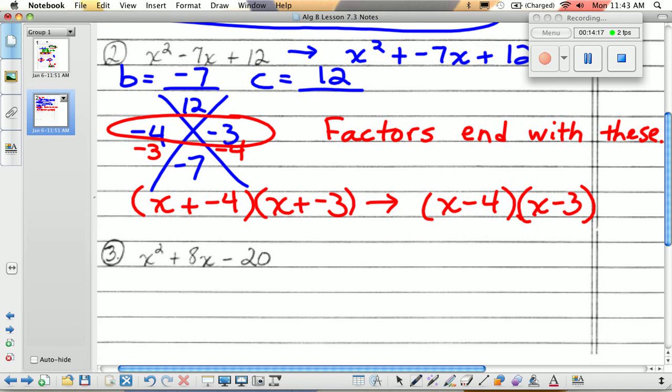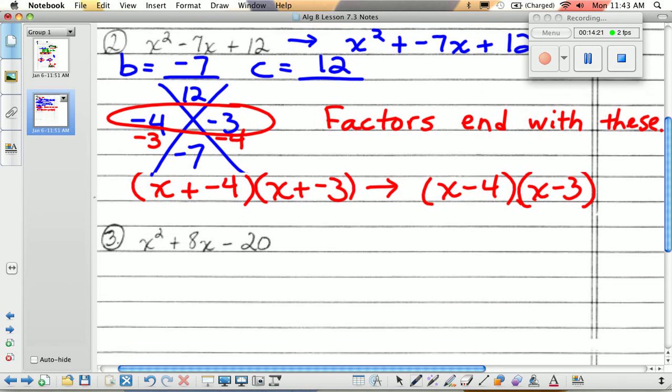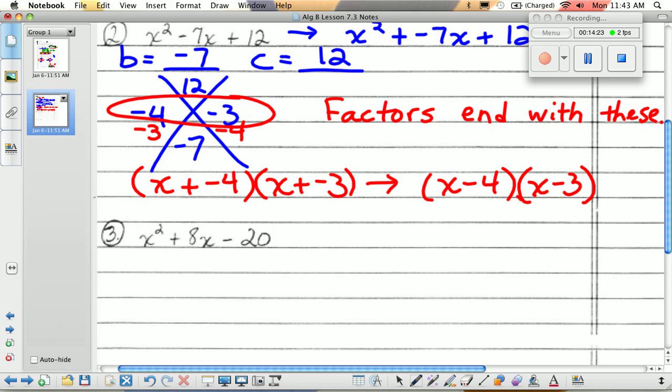Okay, questions about that one? Okay, let's make our first move, changing the subtraction to add the opposite. What's next? Figure out your B and your C. So what's our B value? 8.